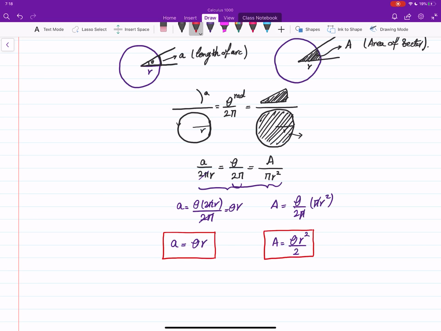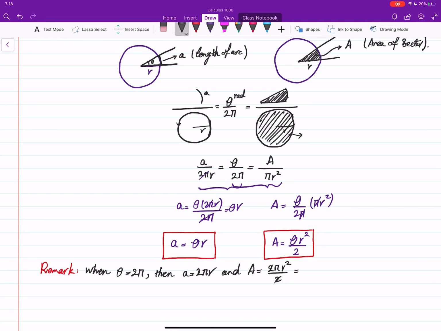Well, just one remark is that when theta is 2 pi, meaning we have the full complete revolution, then the arc length gives us 2 pi r, and the area will be 2 pi r squared over 2.